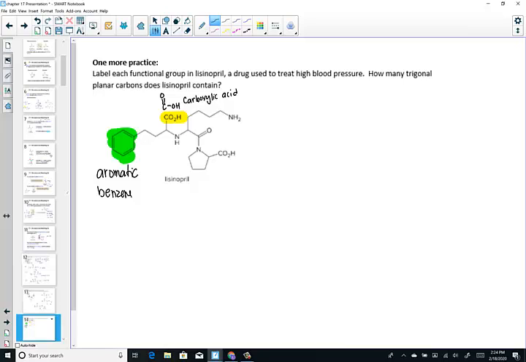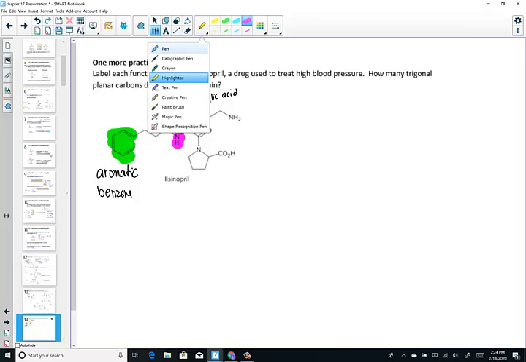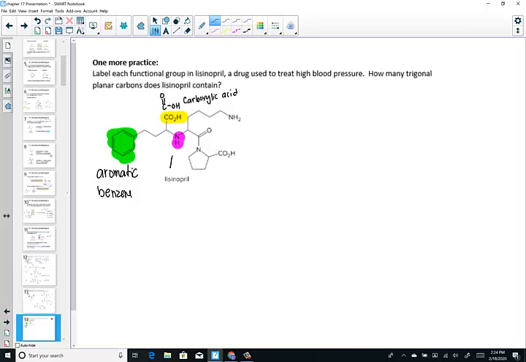What else? Well, here I notice that I have a nitrogen. That looks pretty interesting. I'll highlight that one in pink. That nitrogen is not next door to a carbonyl carbon. So right here, this is called an amine, not an amide, but an amine. As a matter of fact, it would be called a secondary amine simply because it's attached to 2 other carbons.